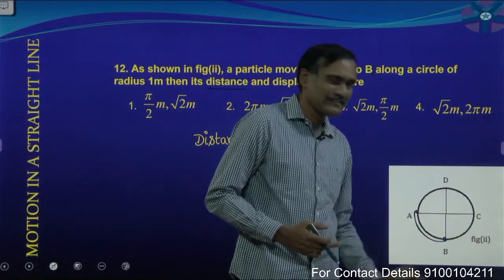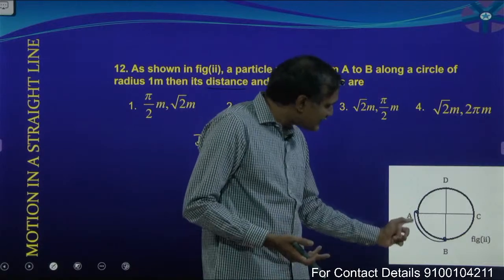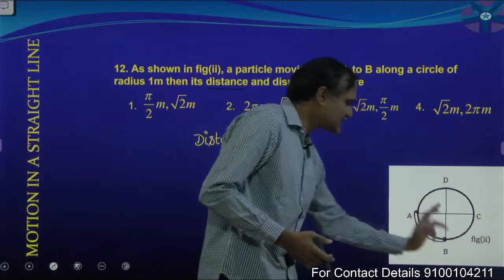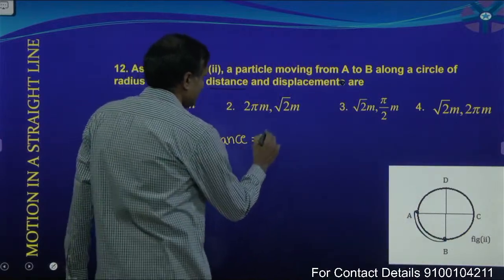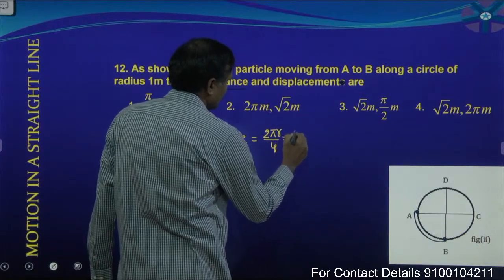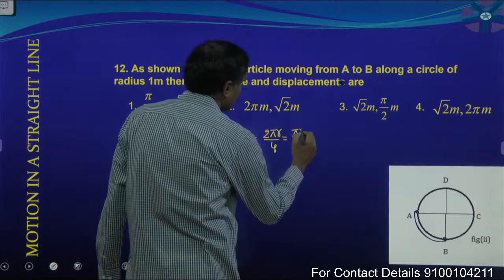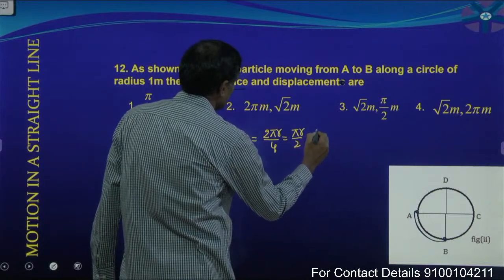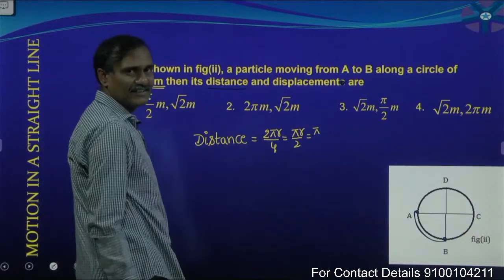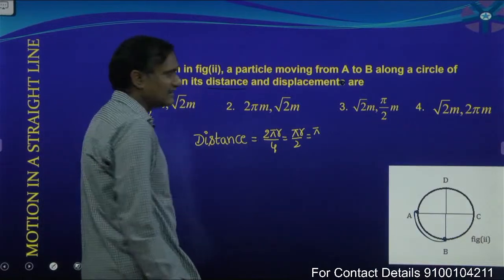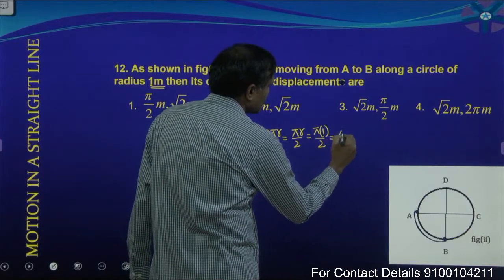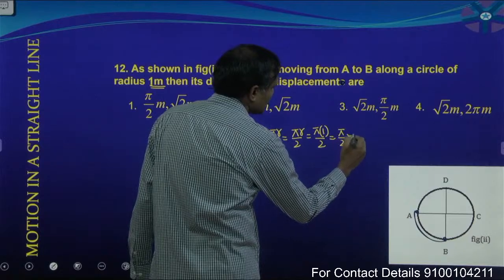Complete is 2 pi r, but in that, 1/4 only we want to calculate. Therefore, it is 2 pi r divided by 4, that is pi r divided by 2, which is equal to pi into, what is the radius here? 1 meter. They have given that radius is equal to 1 meter. Pi into 1 divided by 2, that is equal to pi by 2 meter.